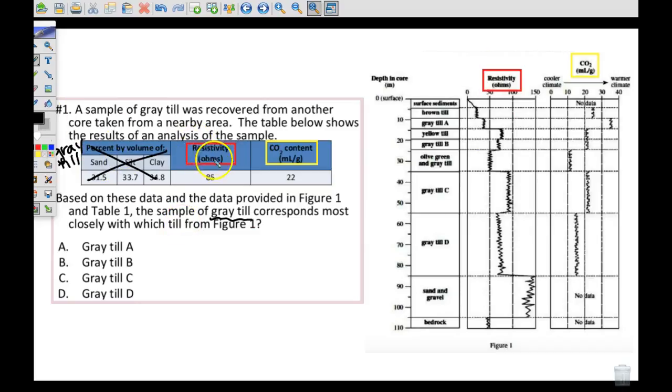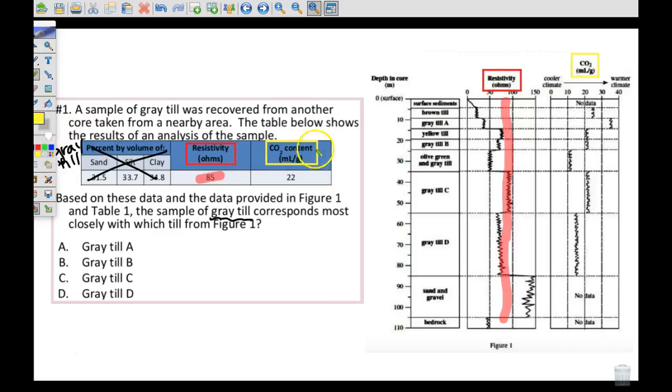So we're going to look at resistivity in ohms and the carbon dioxide content in milliliters per gram. So if gray till has a resistivity of 85 on my table under resistivity, I'm going to find about where 85 would be and draw either a real line or a visual line in my head.